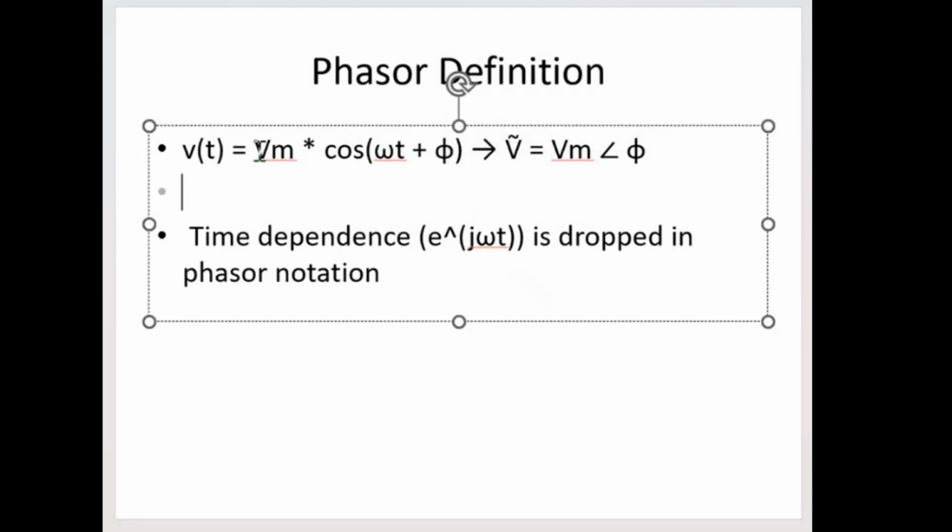And when we want to convert this to a phasor, we essentially only use the phi, and we drop the time dependent function as we mentioned before.